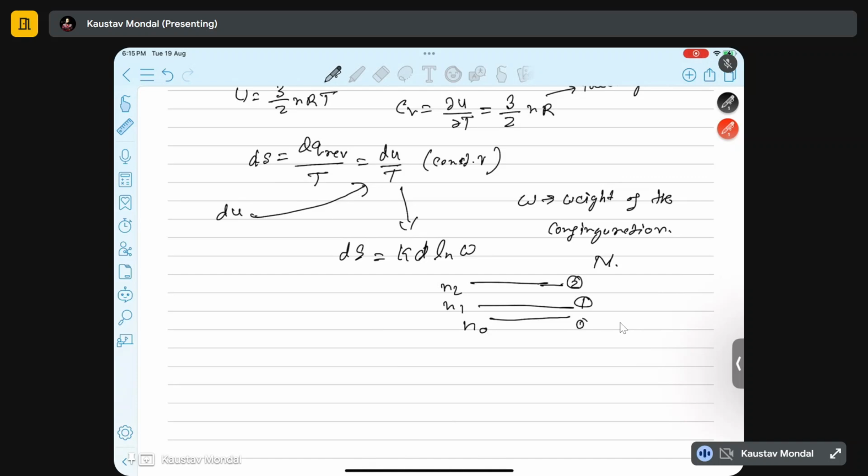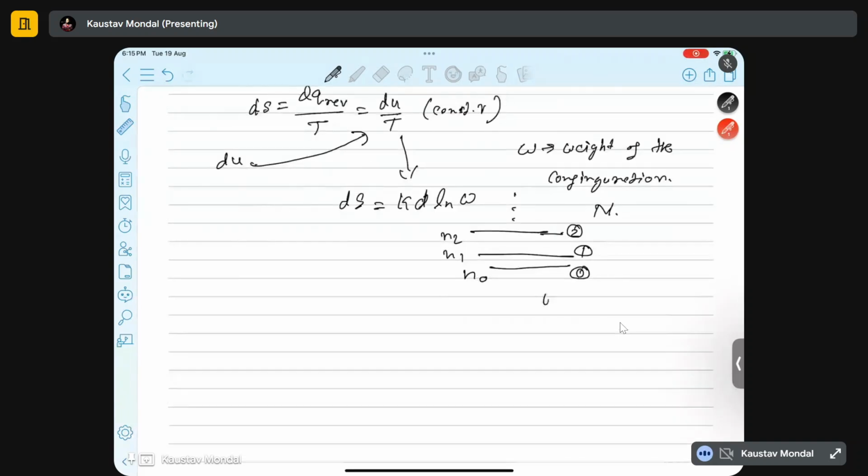So if the particles are distributed among the states, then the weight of this particular configuration will be W equal to N factorial by n0 factorial, n1 factorial, n2 factorial. But n0 plus n1 plus n2 plus dot dot dot equal to N.